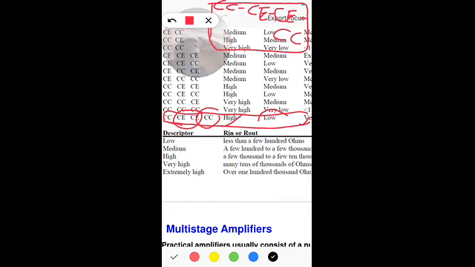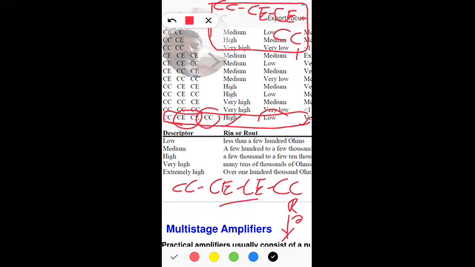This is the ideal characteristic of a multi-stage amplifier. A multi-stage amplifier should have a high input impedance, very high voltage gain, current gain and power gain, and a very low output impedance. All of these are possible with this configuration, CC, CE, CE, CC. The voltage gain and current gain are possible in the middle stages, and in the output stage again we use CC, so R0 is very low.